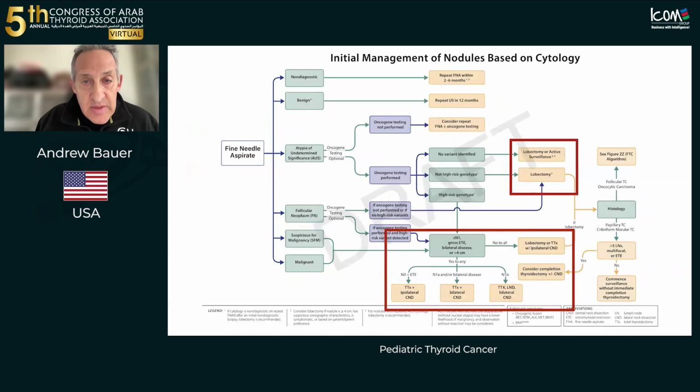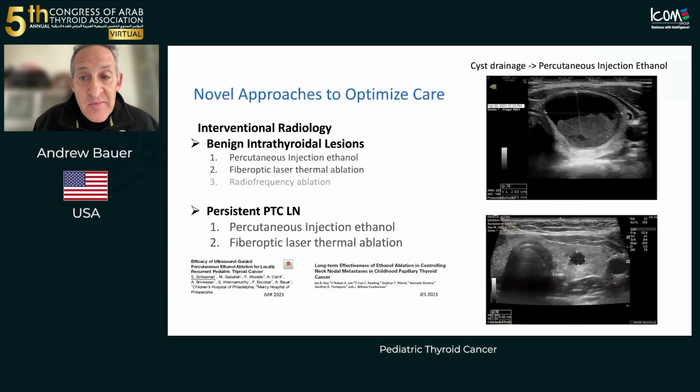Again, for the ATA second version that should be out this year, this is a draft of the flowchart, which will also show these types of options for lobectomy versus total thyroidectomy, using the cytology, and if the somatic oncogene had been performed and what the result was, to help stratify surgical approach.